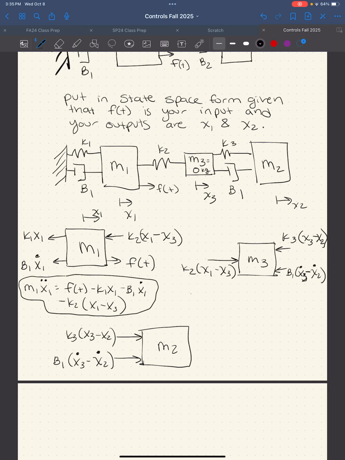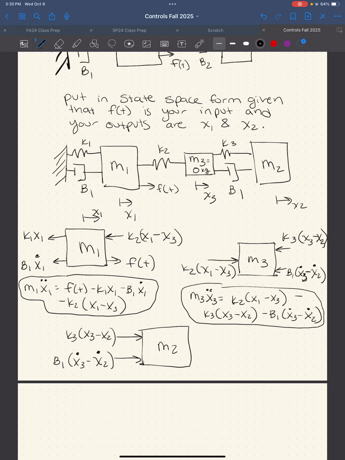All right, M3 x3 double dot equals K2 (x1 minus x3) minus K3 (x3 minus x2) minus B1 (x3 dot minus x2 dot).